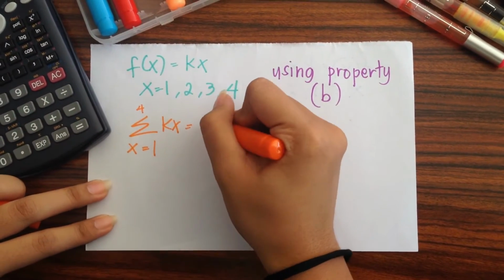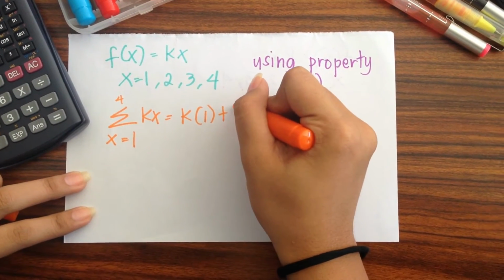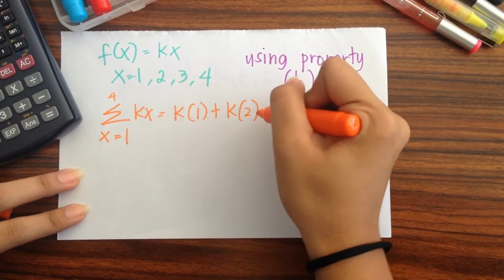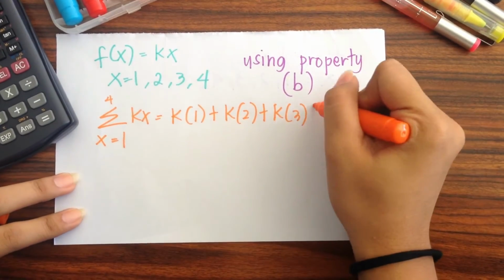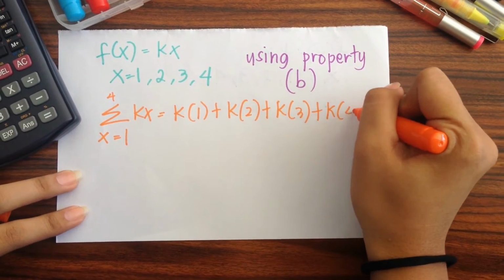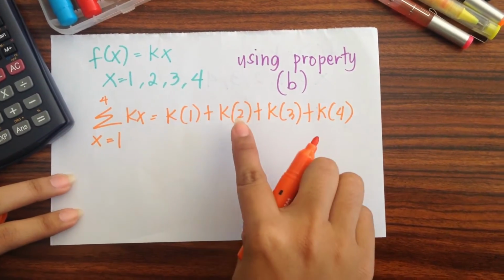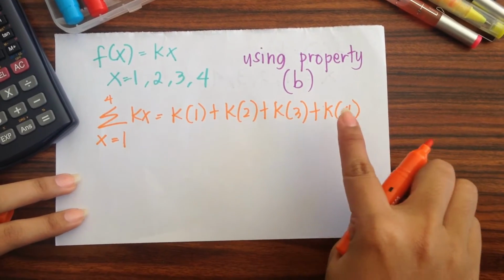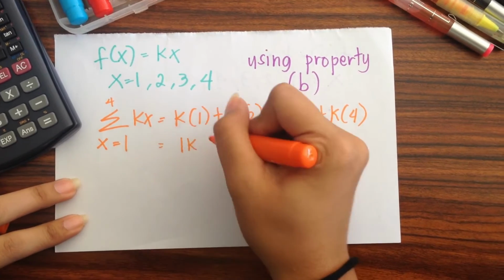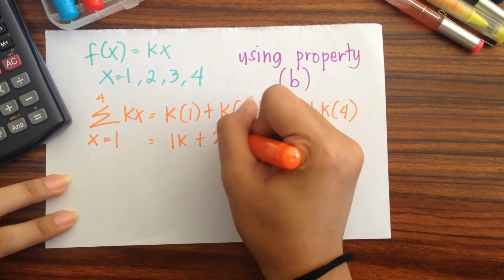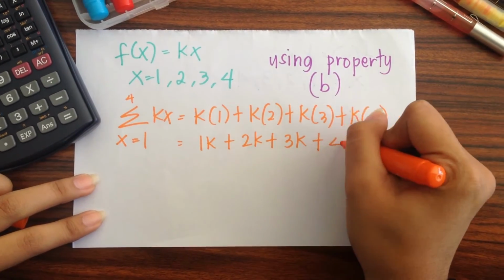Write K1 plus K2 plus K3 plus K4, and we'll be adding this 4: (1K plus 2K plus 3K plus 4K).